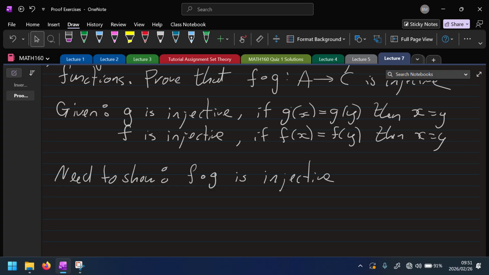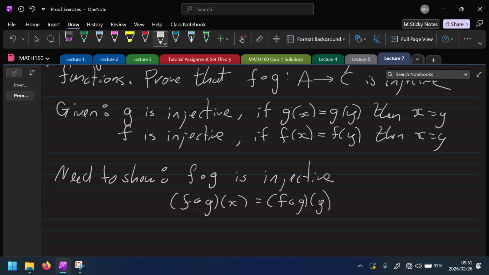So let's look at this. F of G of X is equal to F of G of Y. That's a starting point, right? We're just following what we know already. What is this? F of G of Y. That's a composition.